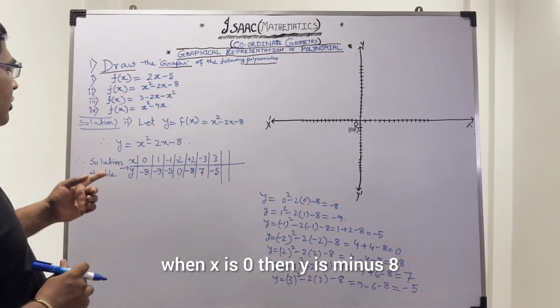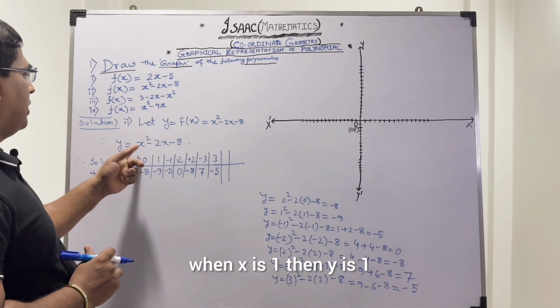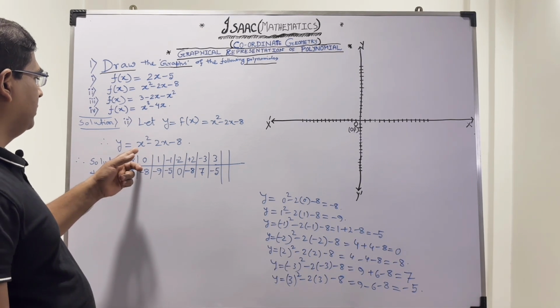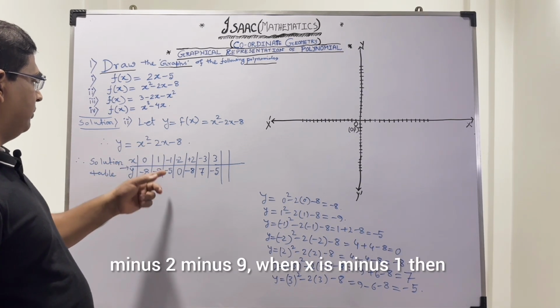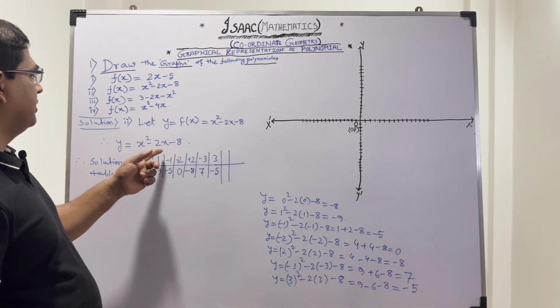When x is 0, then y is minus 8. When x is 1, then y is minus 9. Then x is minus 1, then y is minus 5.